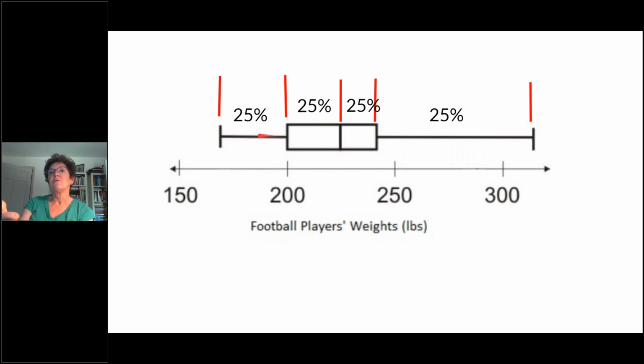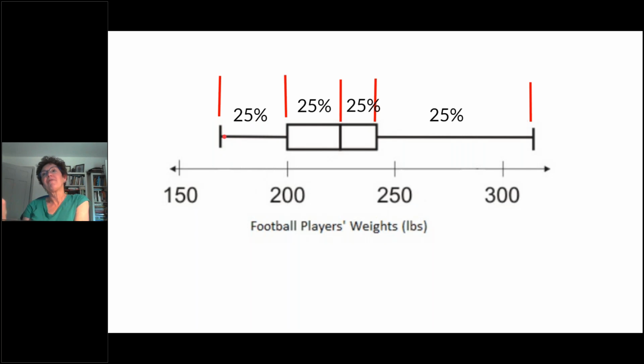But something else a box and whisker plot doesn't tell us is how many numbers are there. Notice on my football team, I only had 11 members. But Ohio State probably has 100 people playing on their football team. I don't really know. There's probably NCAA rules about that. But it doesn't tell me how many people are represented by this 25%.